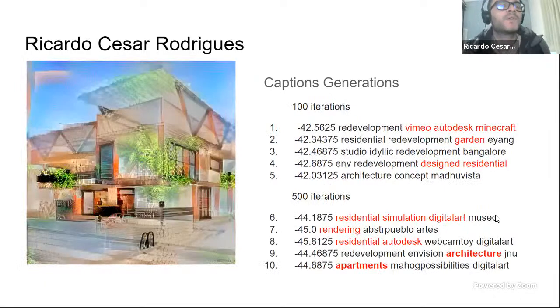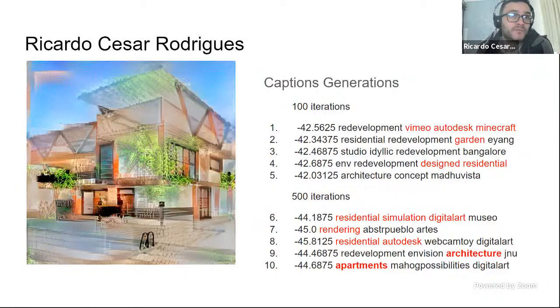This was an experiment that I did for the first Colab notebook, which we used. We can see the difference between the first 100 iterations and the 500 iterations. At first it was recognizing it as Vimeo, Autodesk, Minecraft, Garden.